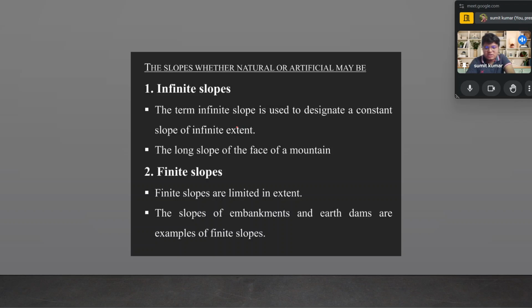As we know, the term infinite slope is used to denote a constant slope of infinite extent. This is the long slope of the face of a mountain, as we have also presented in the previous picture which we have seen. Now, when we talk about the finite slope, the finite slopes are of limited extent, and the slopes of embankments and earth dams are examples of finite slopes.